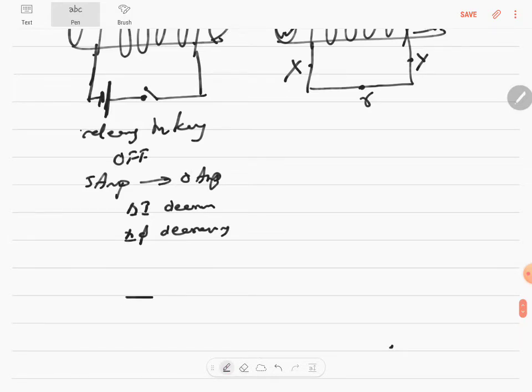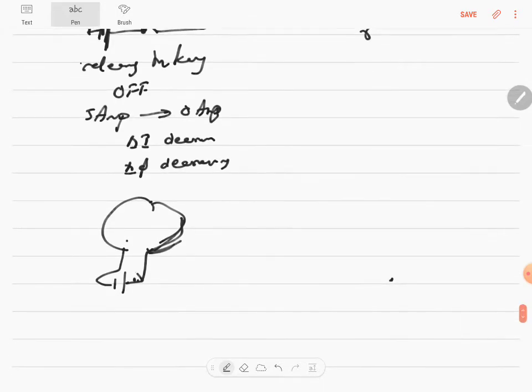So let's draw it as one single coil on a flat surface, with positive here and negative here. When you are switching off, the current is decreasing in the same direction. Whether it's increasing or decreasing, the direction of the current is the same, it's just that it's decreasing.